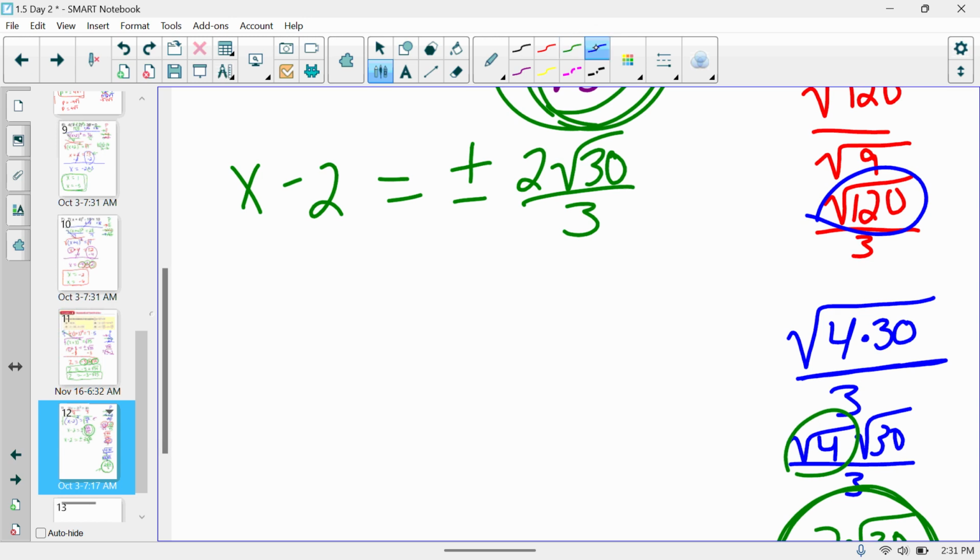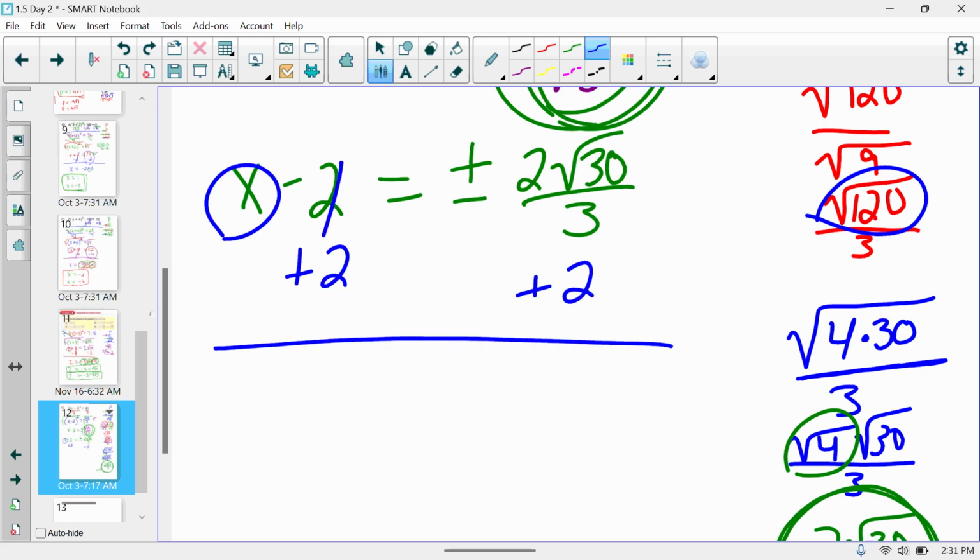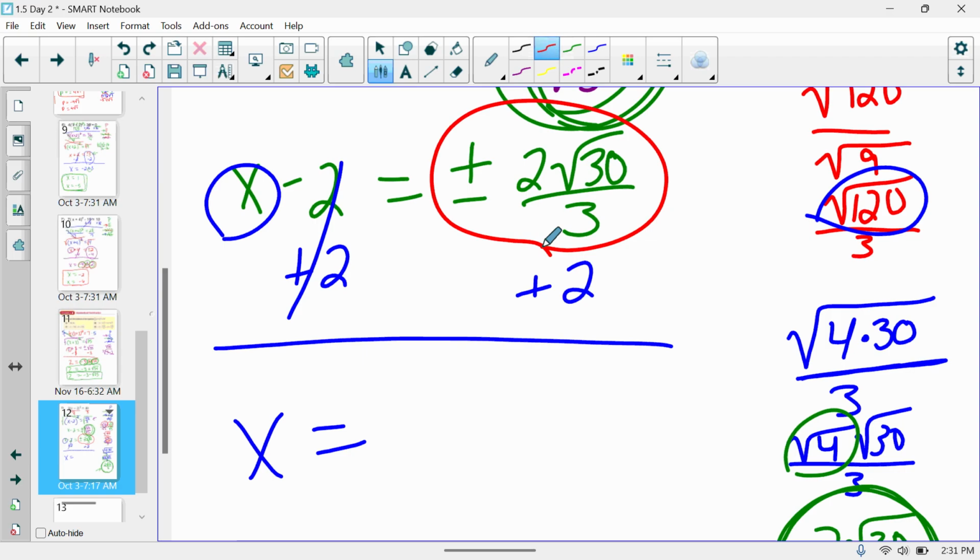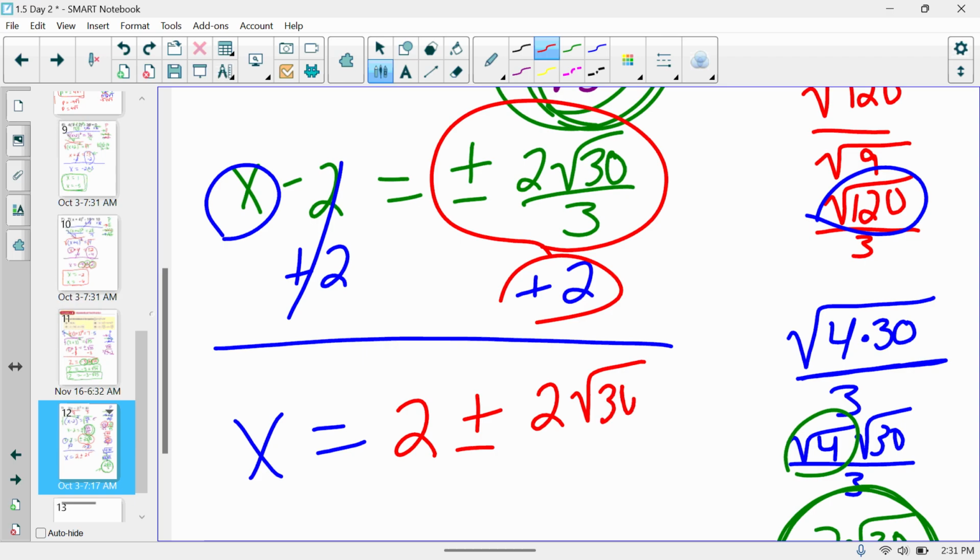I know this is a lot, so I hope you're taking all these step-by-step notes. There's still one more thing. X isn't alone. We got to add 2 to get rid of it. Okay, just like the other ones. Remember I told you I would rewrite it so that this part comes second. Like I would put the 2 first, then your plus or minus 2 radical 30 over 3.